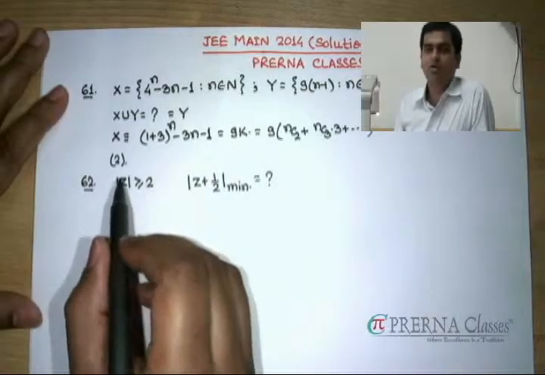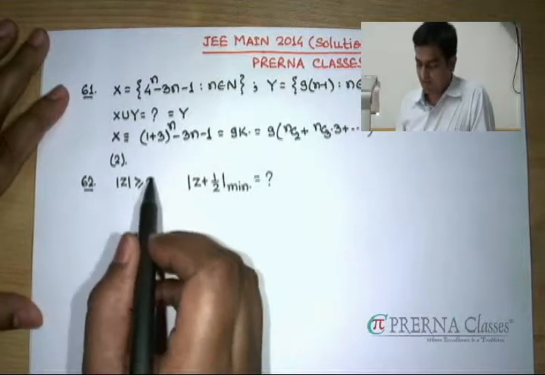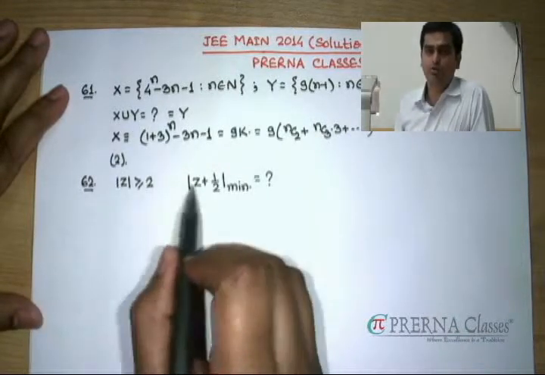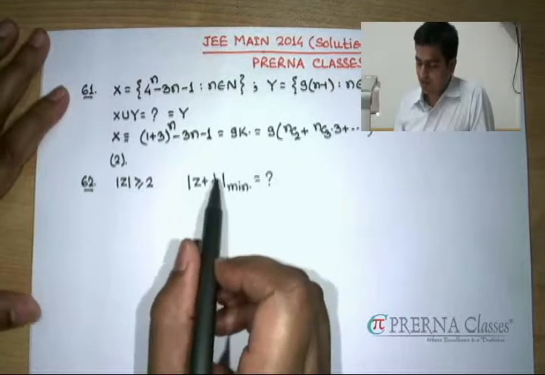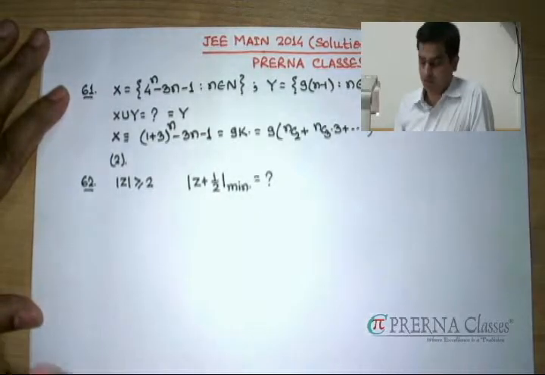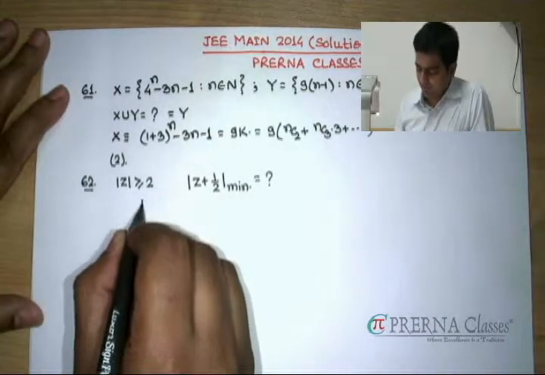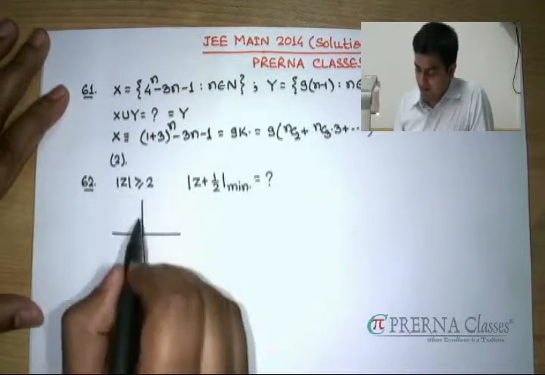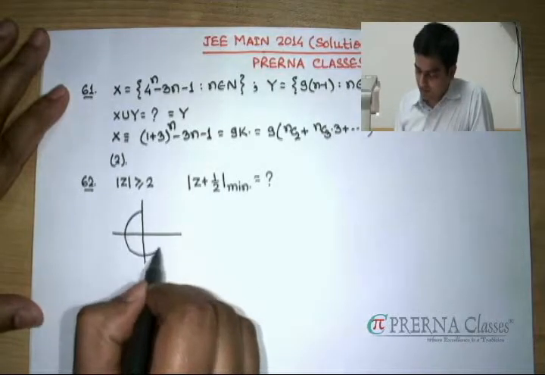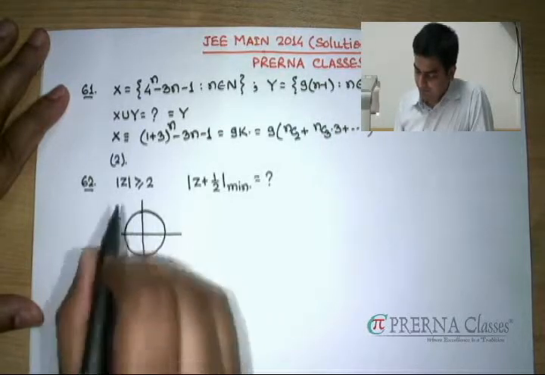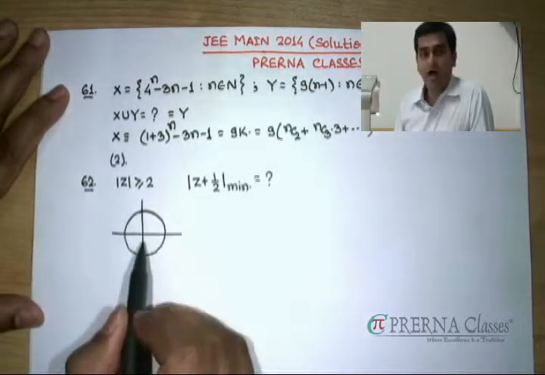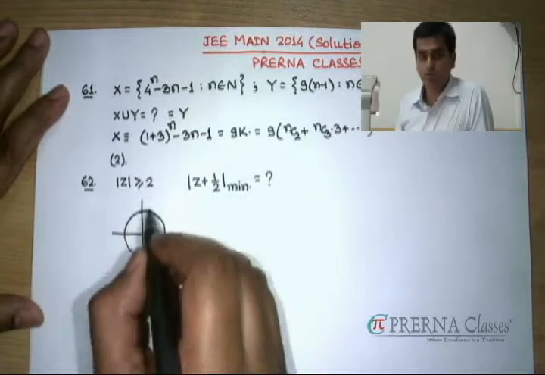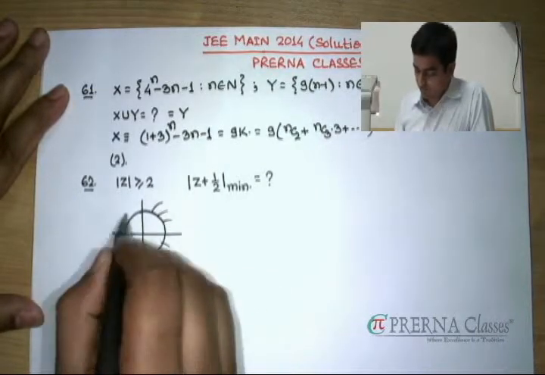Okay, in the next problem, that's related with complex numbers, one restriction is given on complex number Z, that its modulus is more than or equal to 2. On the basis of that information, we have to figure out the minimum value of mod of Z plus half. If I go by the geometrical diagram of this, mod Z more than or equal to 2 implies points which are outside the circle having center at origin and radius 2.